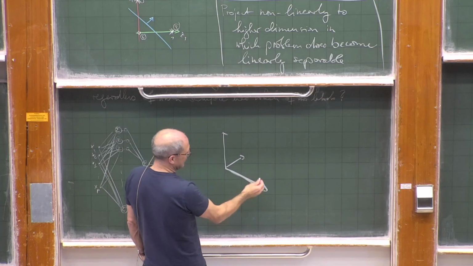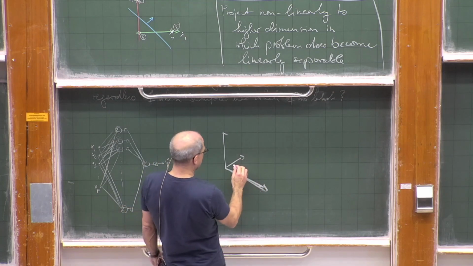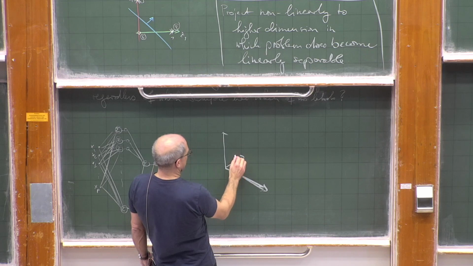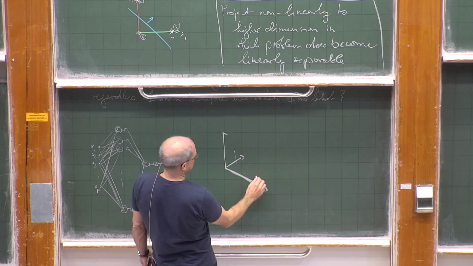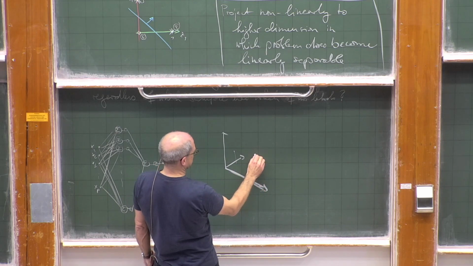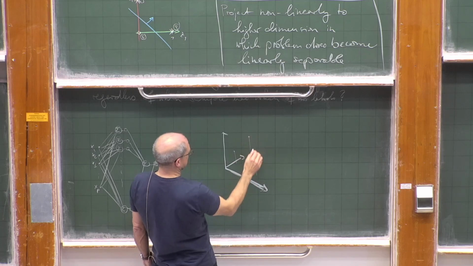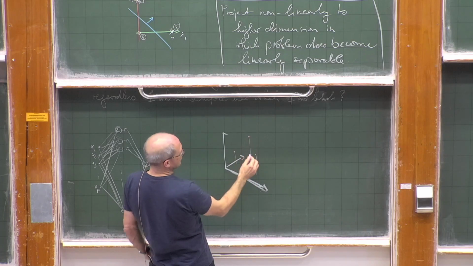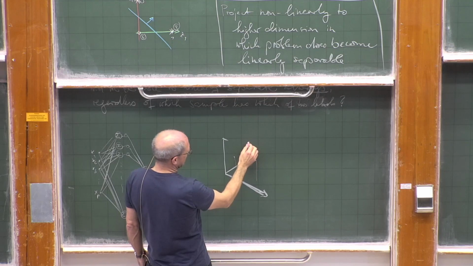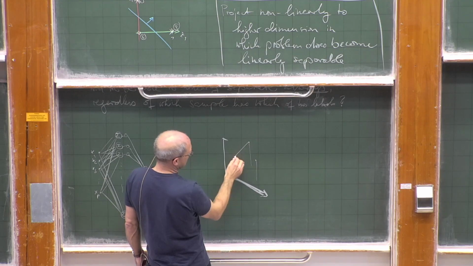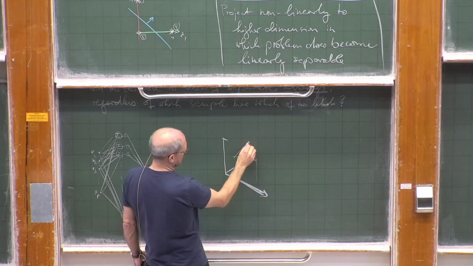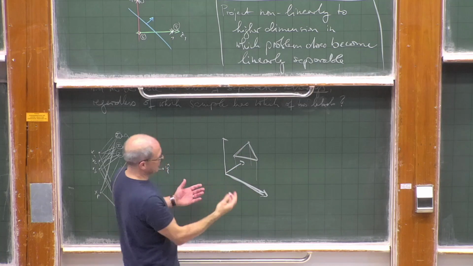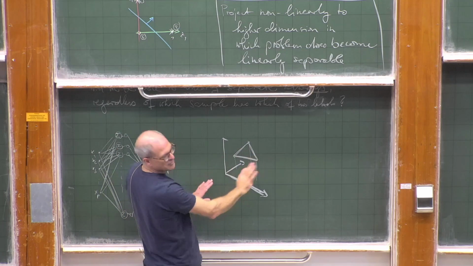I'm telling you the argument I have in my mind. So let's say I have 3 samples in a 3D space. These are just 3 points in a 3D space, and I can always fit a plane through them.